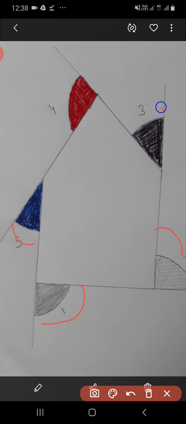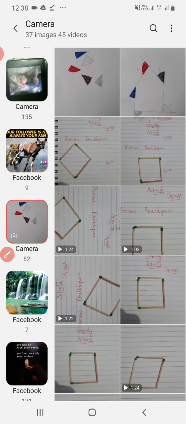take the cutouts of the exterior angles of this pentagon. There are 5 exterior angles of the pentagon. Now what we are going to do, you can see I have taken the cutouts of the exterior angles. Now for this you have to draw a line. Arrange these exterior angles around the line.